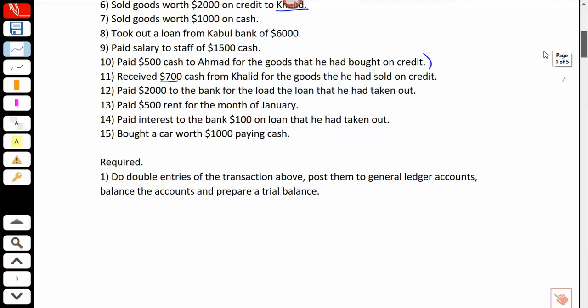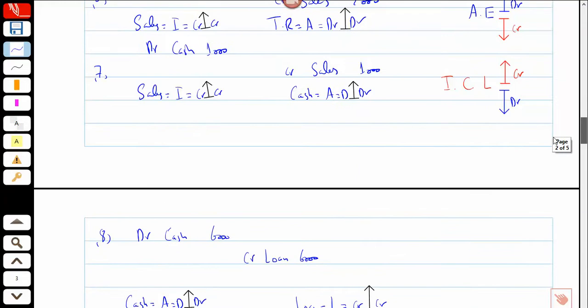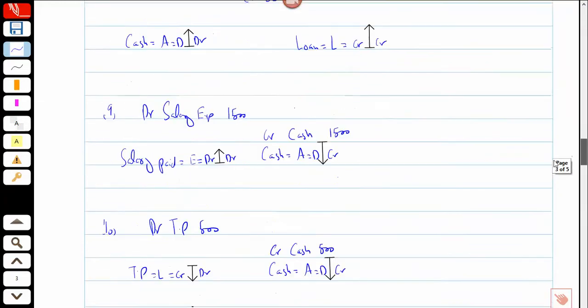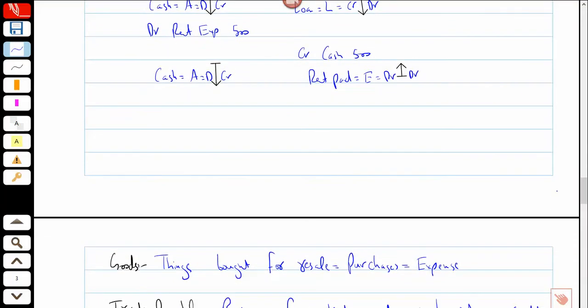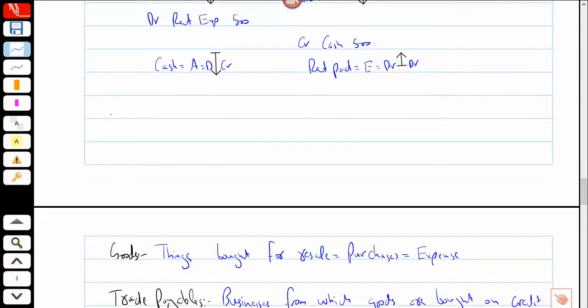Paid interest to the bank on the loan that he had taken out. Remember I told you, interest was also in that. Interest paid is an expense. Yeah. Received is an income. Increase of interest expense is increase of liability. Yeah, increase of liability is also an expense. So 13. We actually paid the money here.